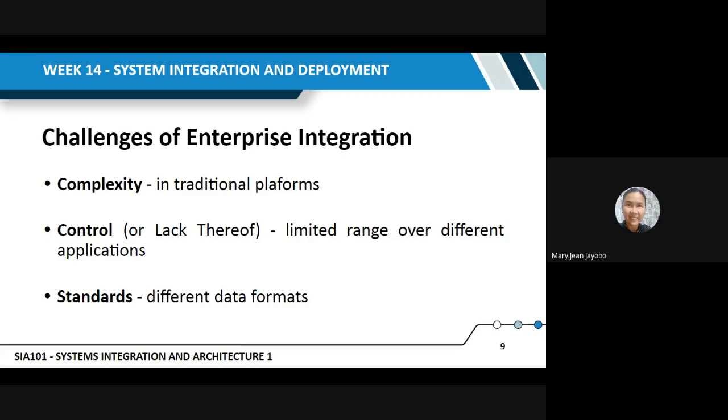And with kung ano yung goals na gusto nilang mangyari, why they want to integrate the system. So they need to plan, and the range of complexity from traditional platforms can create headaches across the board. Kasi yun talaga yung unang mag-experience na iba. So sometimes businesses are excited to integrate software.